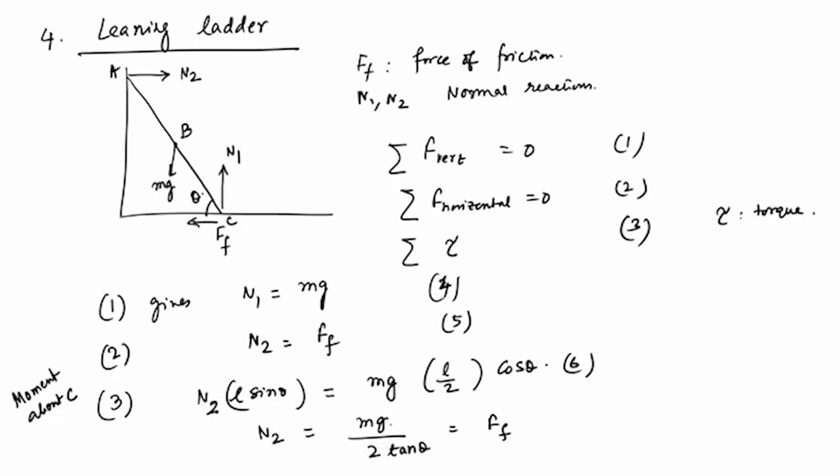So that tells us that if f_f, the frictional force, is less than or equal to mu N1, which is equal to mu mg, then the condition that it will stay there is mg over 2 tan theta less than or equal to mu mg.